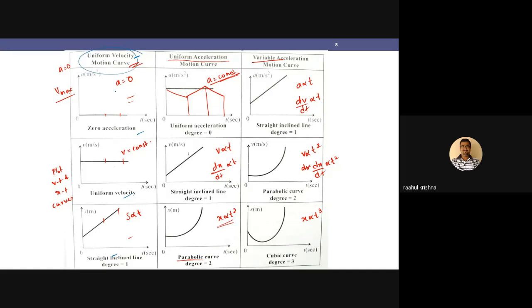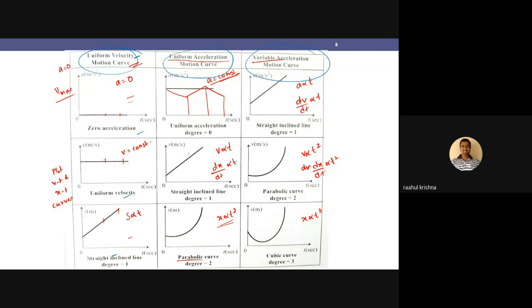For uniform velocity, the displacement is directly proportional to time.